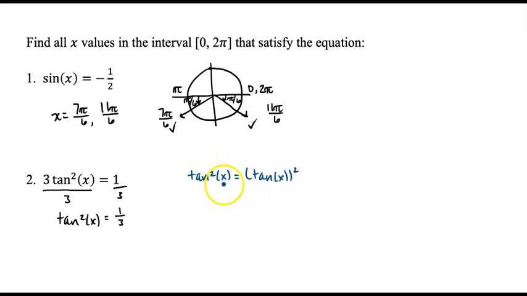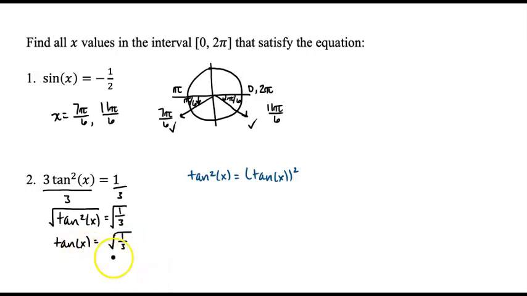So just keep in mind that when we see this, this is not tangent squared times x, this is the tangent of x squared. And with that in mind, how do we get rid of the fact that this is squared? Well, we can take the square root of both sides. And so we've got that the tangent of x is equal to the square root of 1/3.